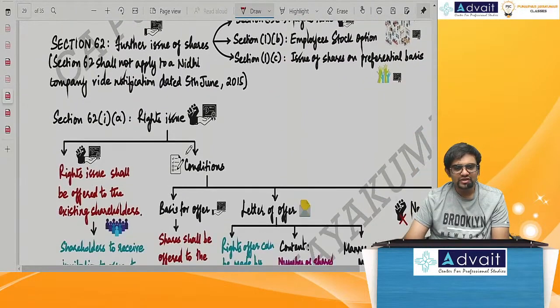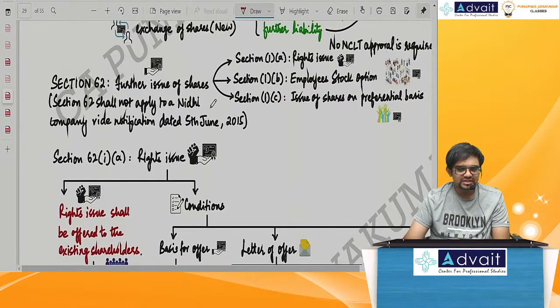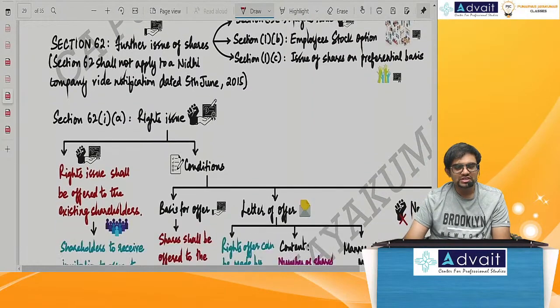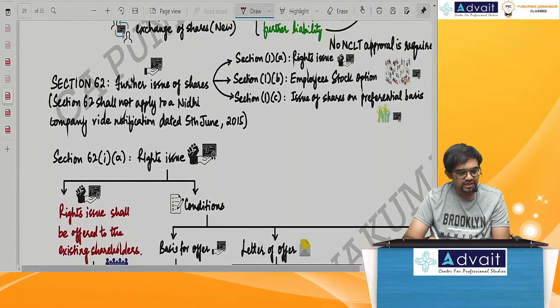Now, moving to further issue of share capital, we'll come back to section 66 in a while. Moving to section 62, this is further issue of share capital. Further issue of shares means what? Section 62(1)(a), (b), (c).